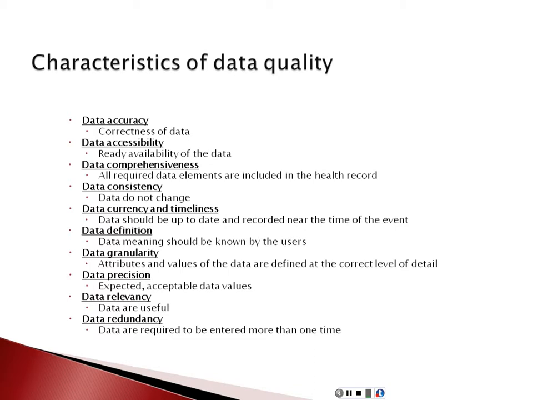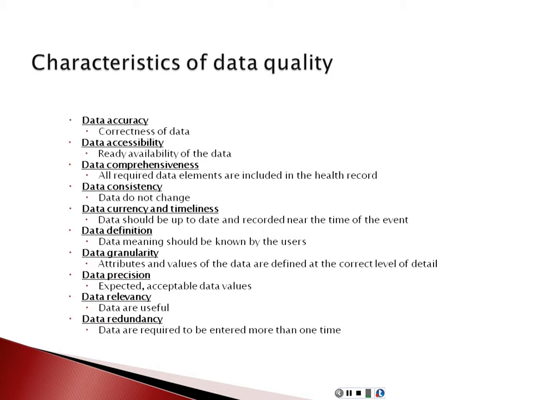And so it's not specific enough to actually even tell if that lab value is normal or abnormal. So all granularity is, are you carrying it out far enough? Are you being specific enough with the data that are entered? Are they at the correct level of detail?